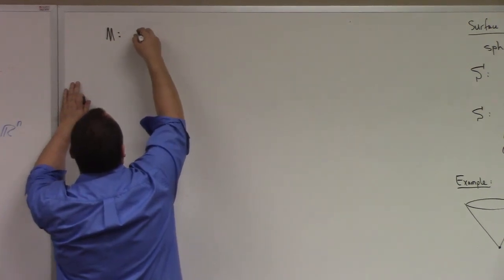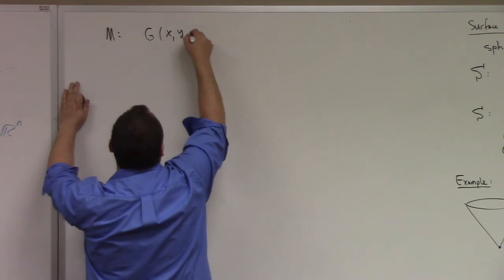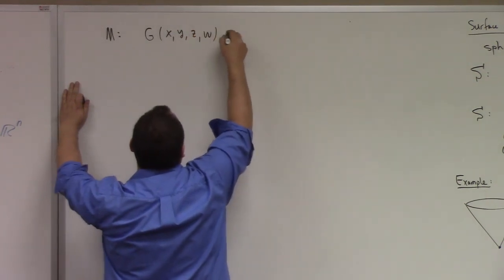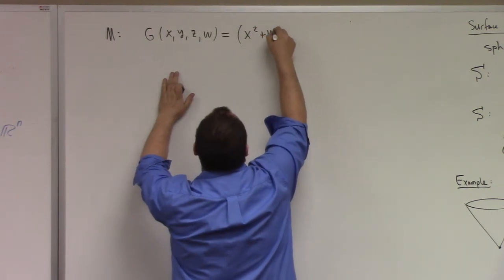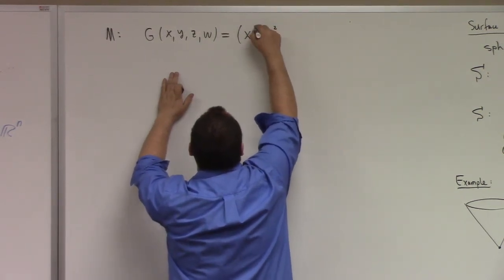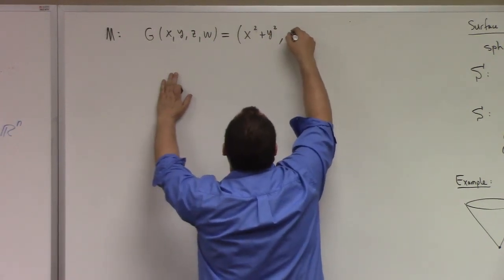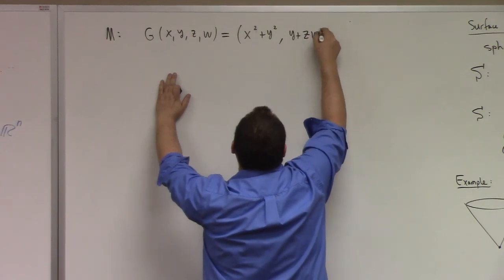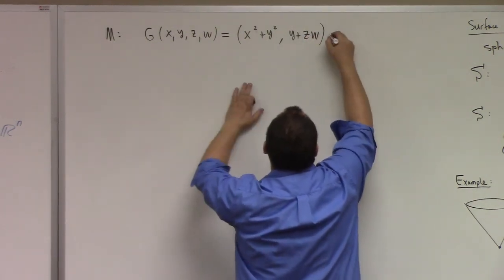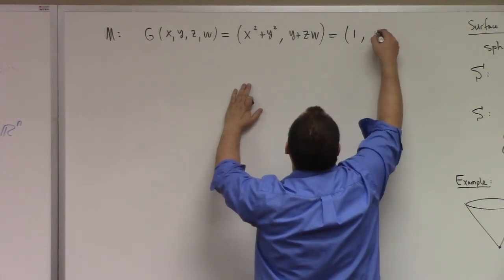Let's suppose that it is g of x, y, z, w equal to, I don't know, x squared plus y squared, and then y plus zw, that's weird enough, equal to, let's say, 1, 2.